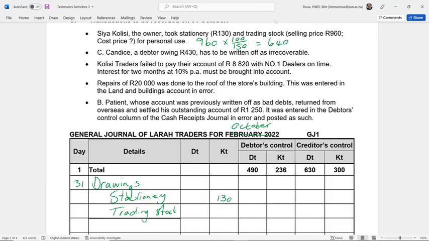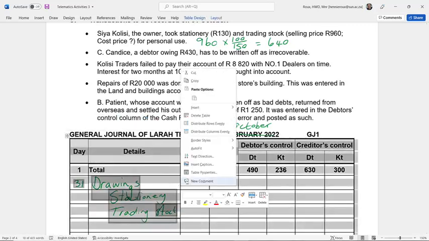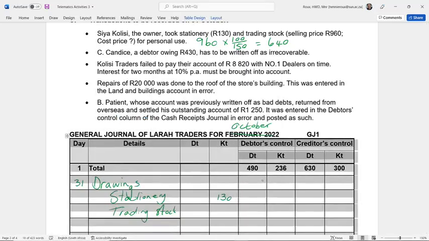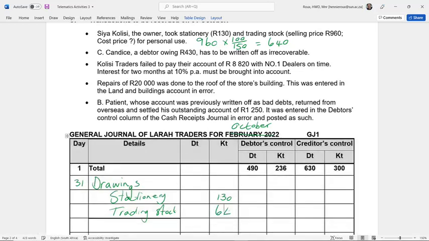So trading stock, 640. And in total, that will give us the drawings of 770. None of those refer to a debtor or creditor, so we don't write anything in debtors control or creditors control.